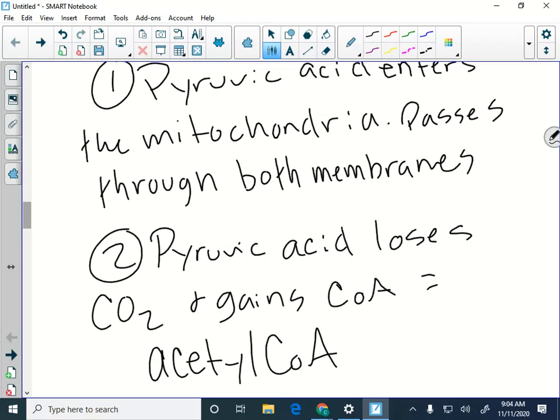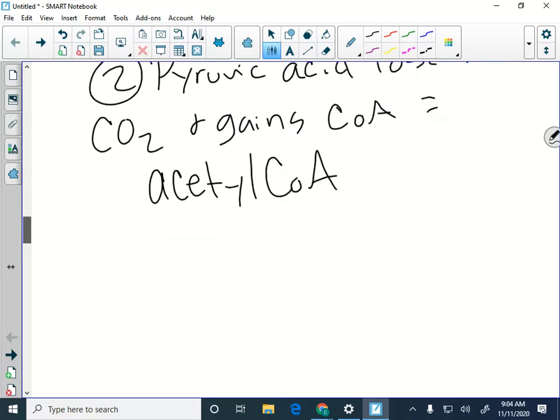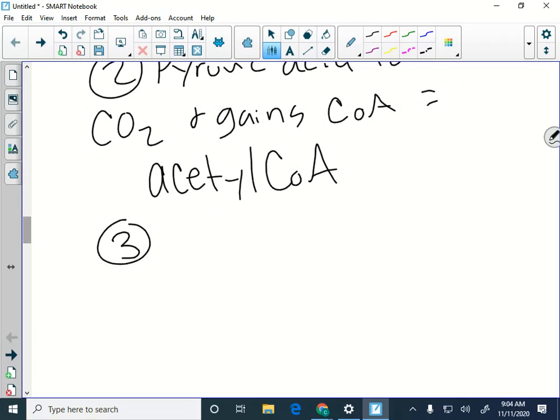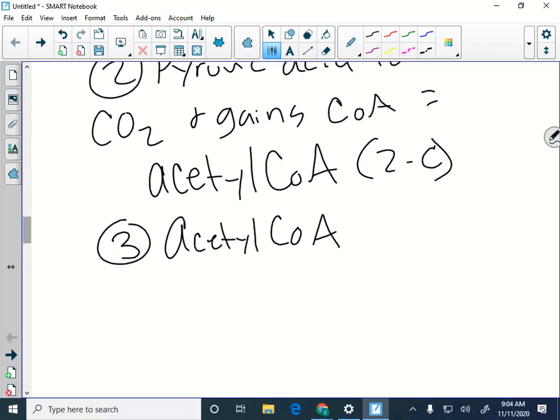Now that we have this acetyl-CoA molecule, acetyl-CoA is a 2-carbon molecule. So acetyl-CoA, 2-carbon, is added to another 4-carbon.